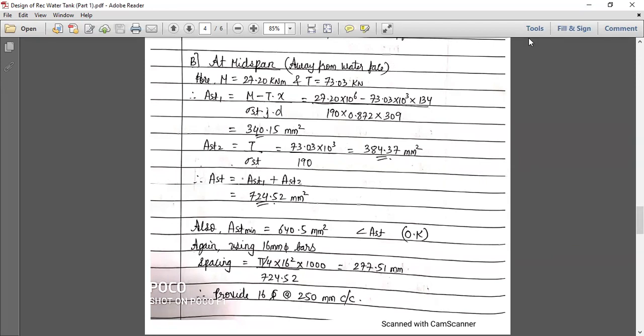Yes, sir. ठीक है, so this is AST is coming out to be around 2000, right? 1400 and 500. So कितना diameter assume करेंगे? So 16. 16 बहुत कम हो जाएगा ना. Let us assume 20 mm diameter. So find out the spacing by assuming 20 mm diameter.